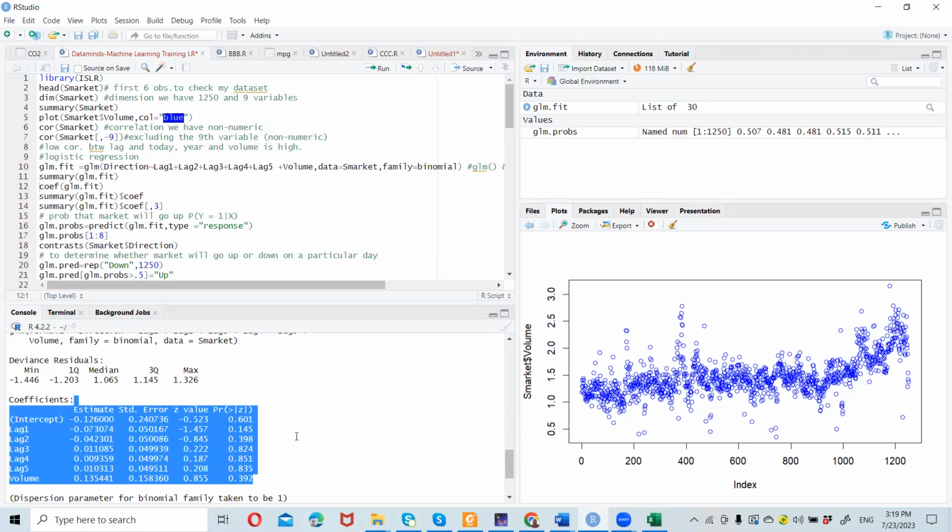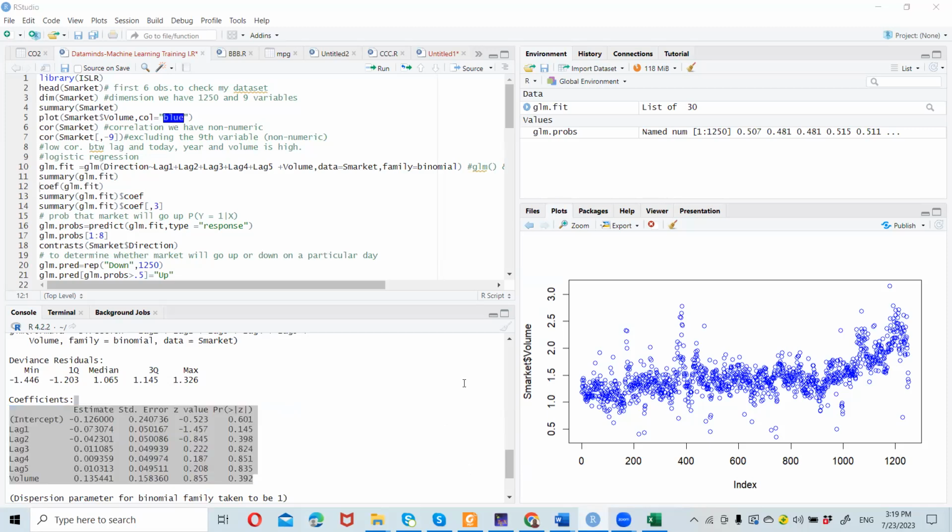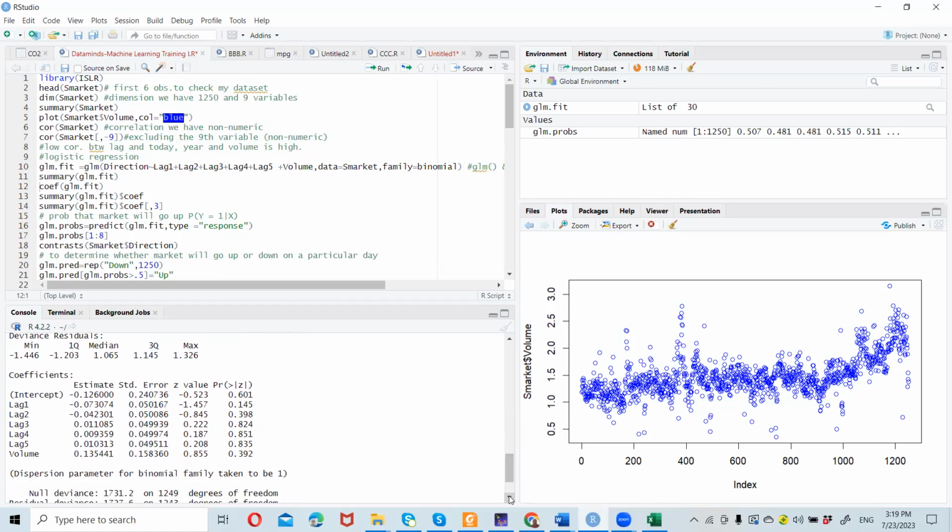Not being significant here does not mean that there is no relationship; the relationship exists, but it is not significant. There is a difference between 2.1 and 2.0, but the difference is not much.